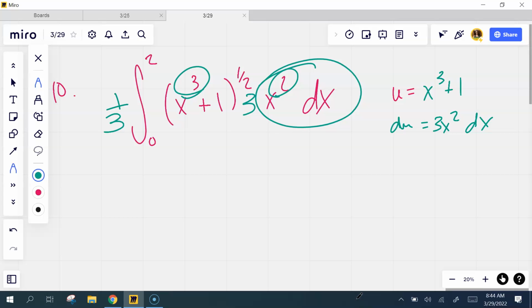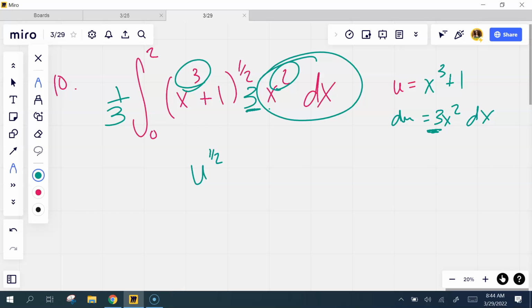So if u is x cubed plus 1, du is 3x squared. So this is u to the 1/2. I have x squared, but I don't have the 3 in front of it. So in order to make that a 3, I'd have to counter it with a 1/3. So I've got u to the 1/2, but I also have to adjust my bounds because I do have a u in there.